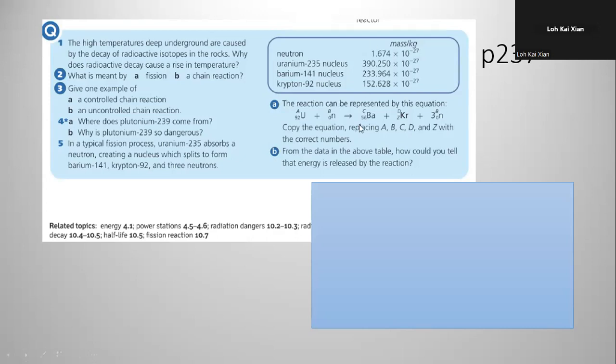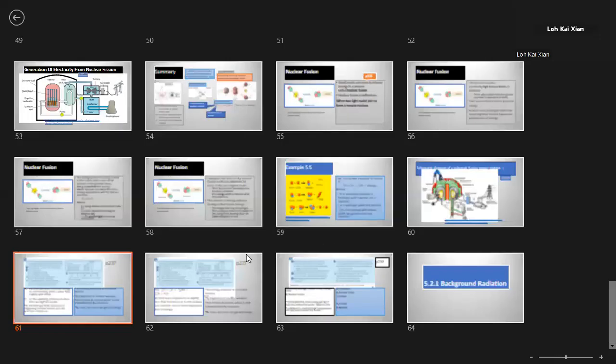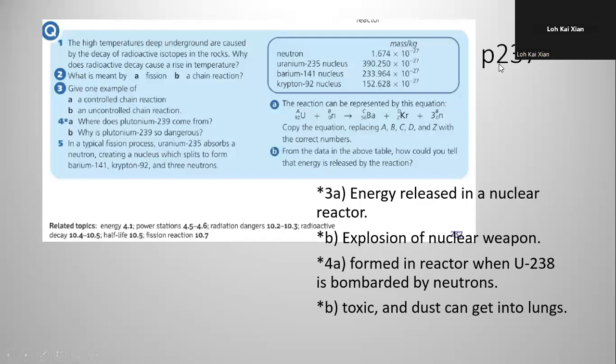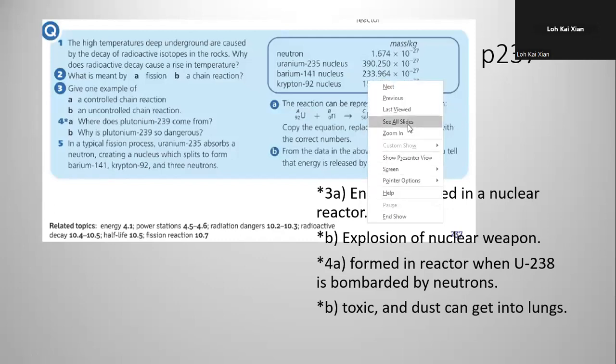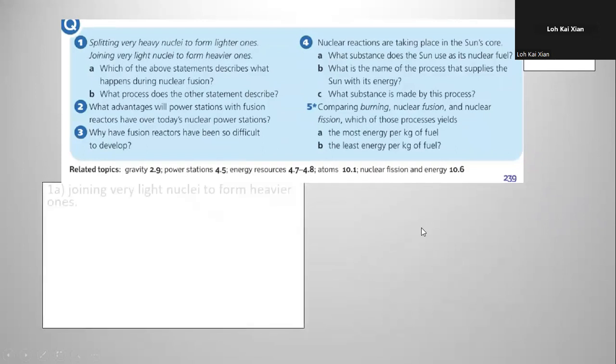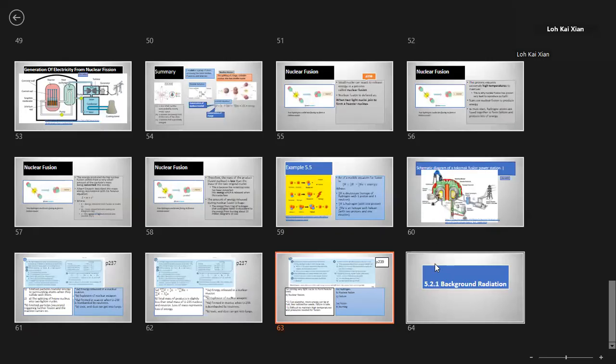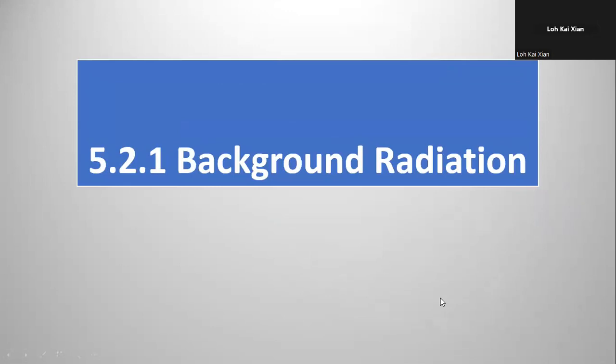So you can try page 237 and page 239, or go and do whatever you want first. Then I'll discuss with you if you have the time. The next topic we are going to go into is background radiation.